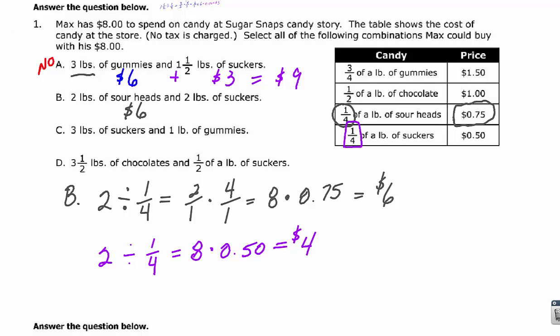So we have $4 up here. And that's going to be $10, which means that's also a no. All right. Let's get that one out of the way.